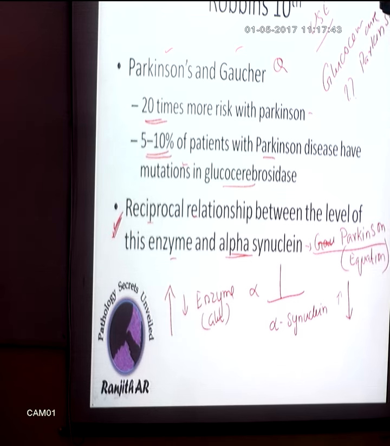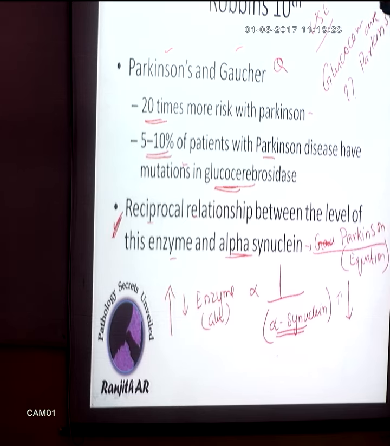I'm just giving the enzyme glucocerebrosidase, and trying to decrease the level of alpha-synuclein, and thereby trying to prevent or treat Parkinson's. Parkinson's, as of now, doesn't have a definitive treatment. There are various classes of drugs. One gets resistant, levodopa, carbidopa, ropinirole, and so on. At the end of the day, the patient is going to be resistant to everything. So if I can reduce the pathogenic product, I can have a cure for the disease. That's why this is useful.